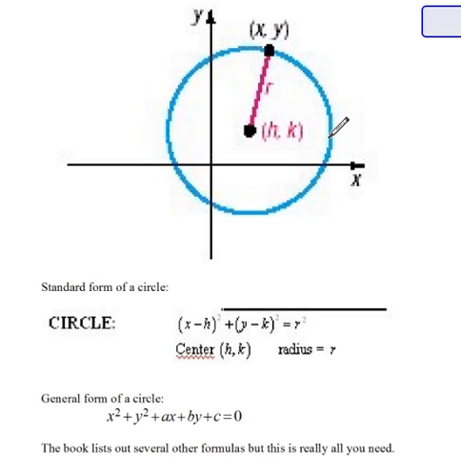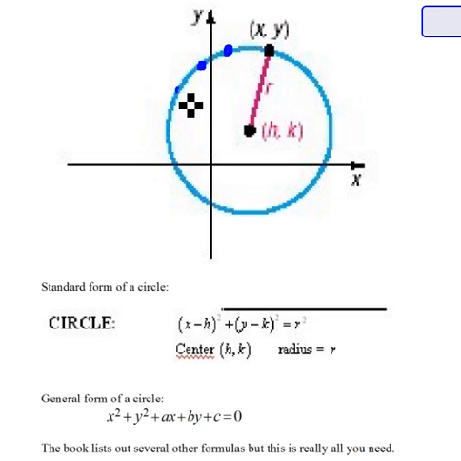Now, the definition of a circle is, it is the set of all points in the plane whose distance is the same to a fixed point called the center. So what we're talking about here is it is all of these points.